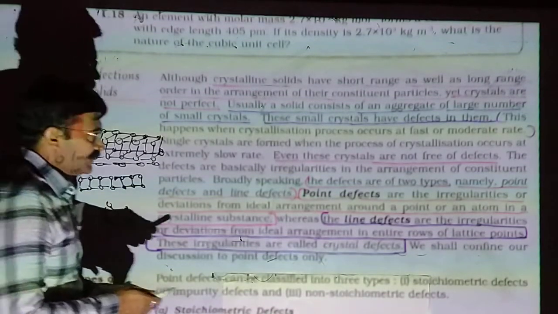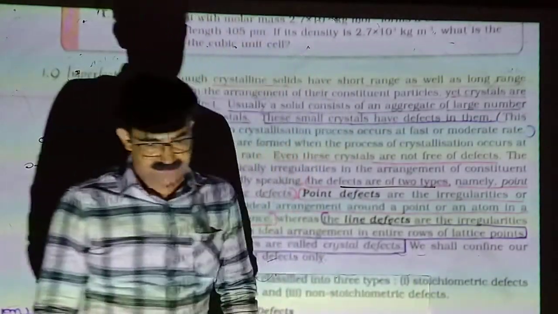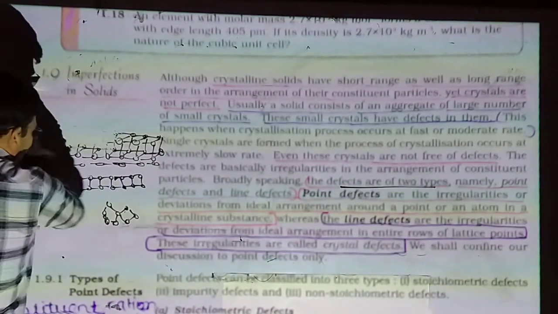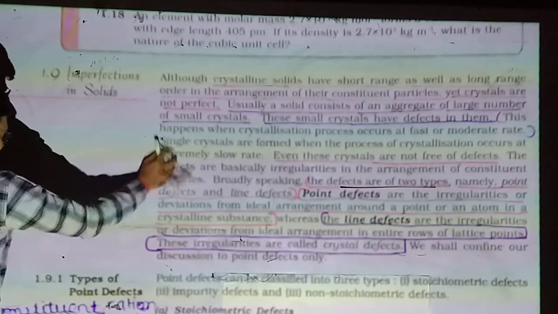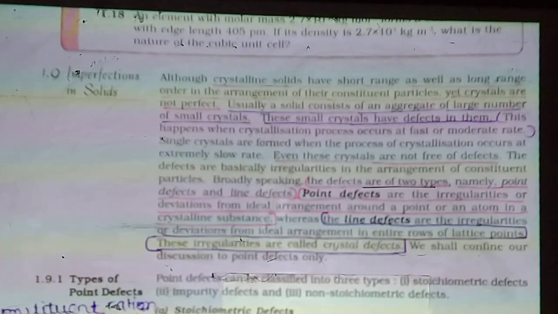In the crystal there are two types of defects. Here we are classifying our defects. Classification starts from here: point defect and line defect.